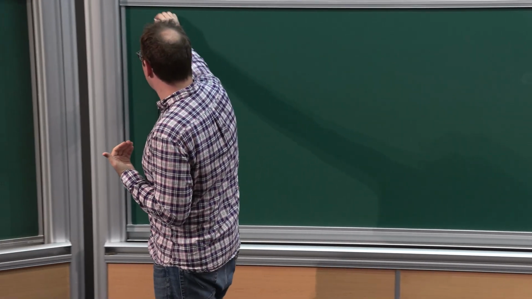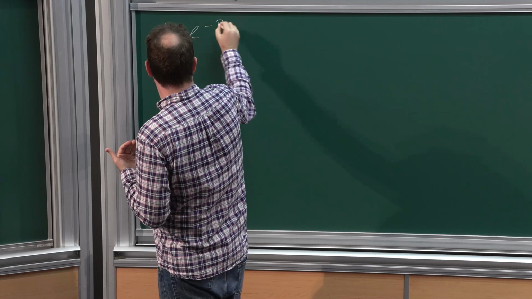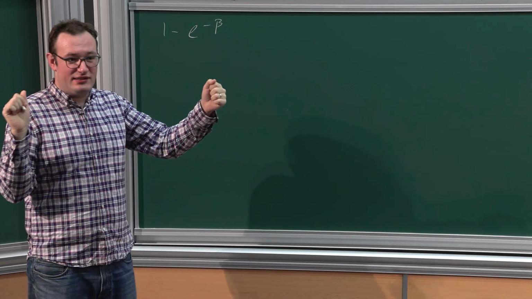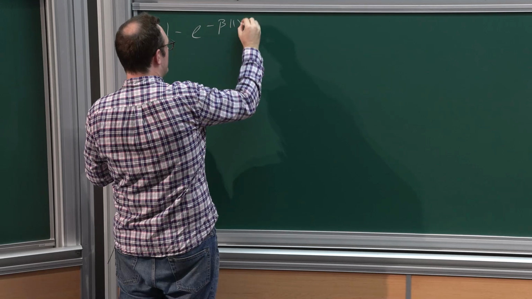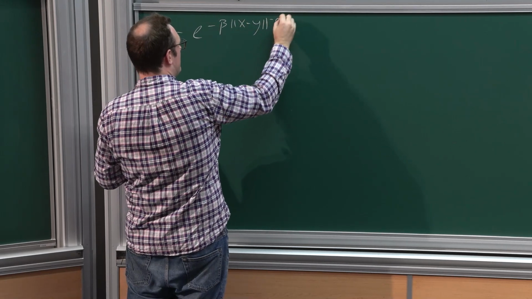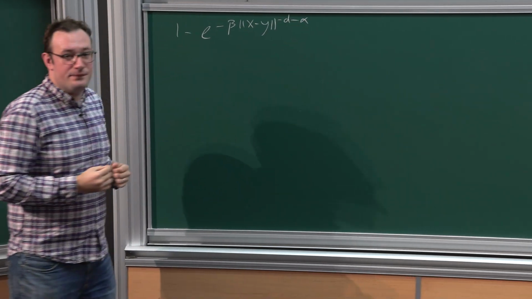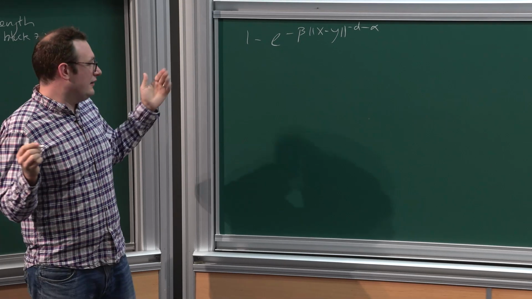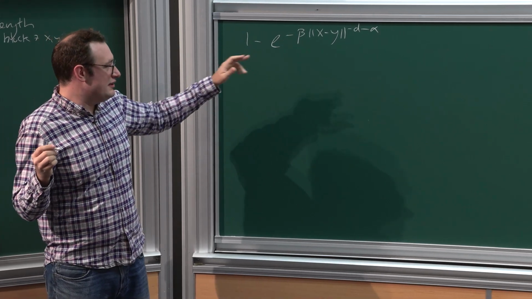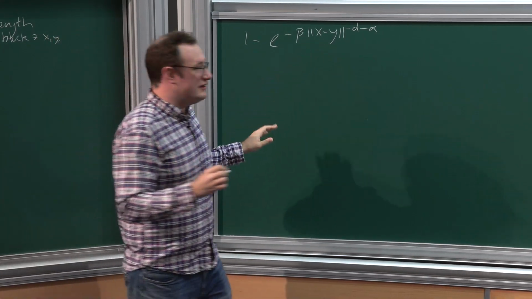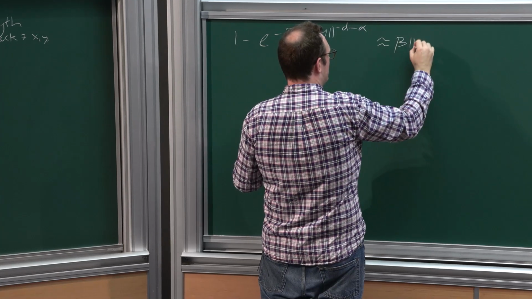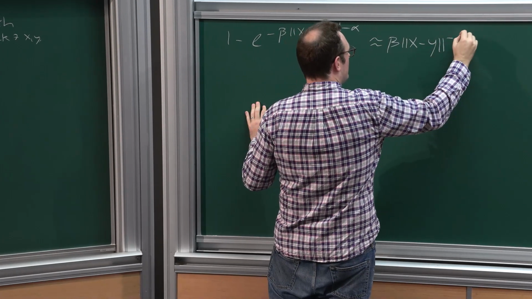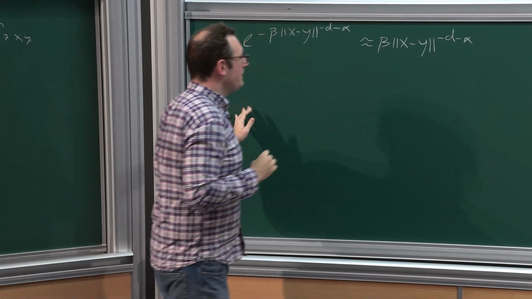Just as a quick reminder, we consider percolation where any two points on Z^d can be connected by an edge, and the probability of the edge between x and y is 1 minus e to the minus beta times the distance to the minus d minus alpha, which of course when the points are far away from each other is approximately just this.